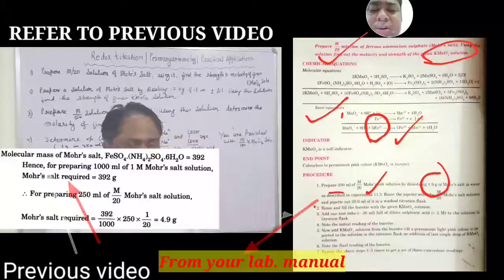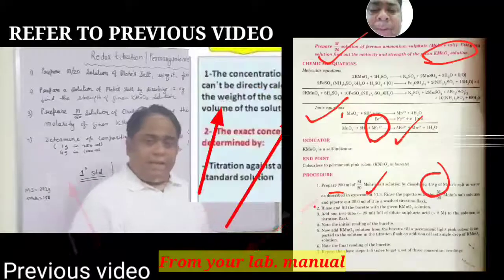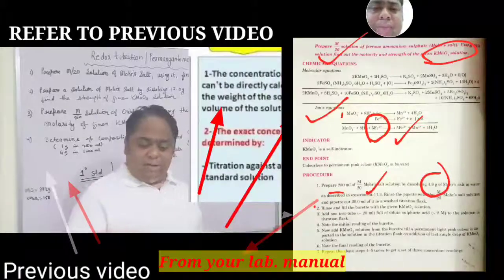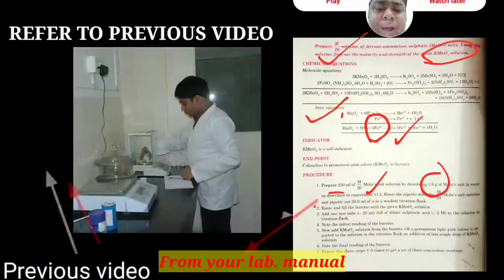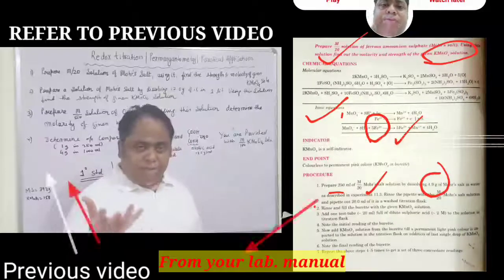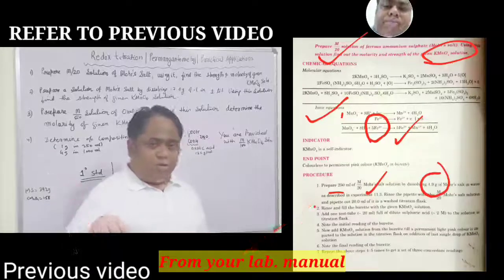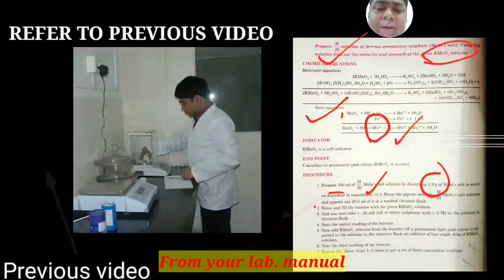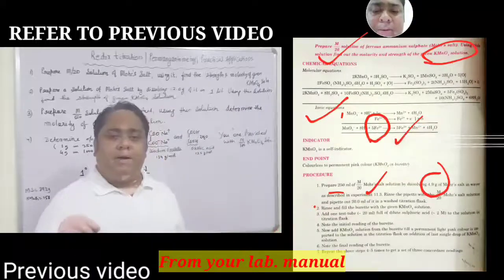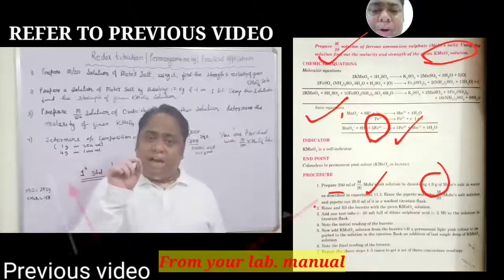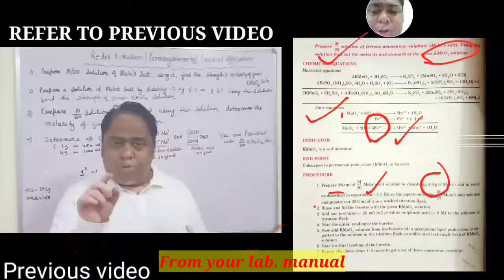We rinse the burette with KMnO4 solution so that if there is any other impurity in the burette, that can get cleaned up, and if there is any air bubble in it, that air bubble can also be forced to come out with the flow of KMnO4 solution.